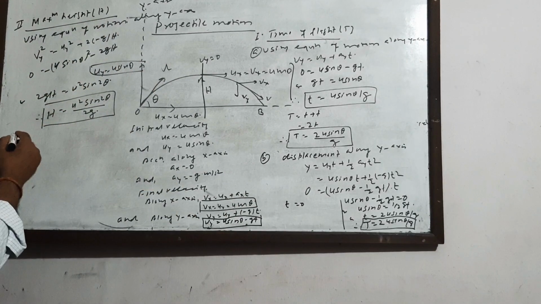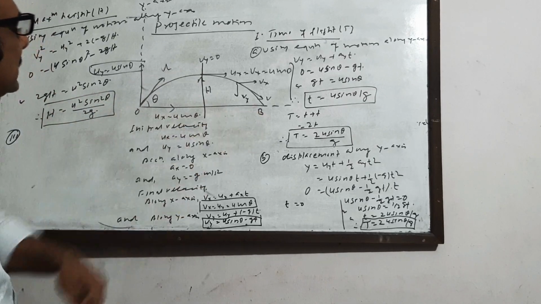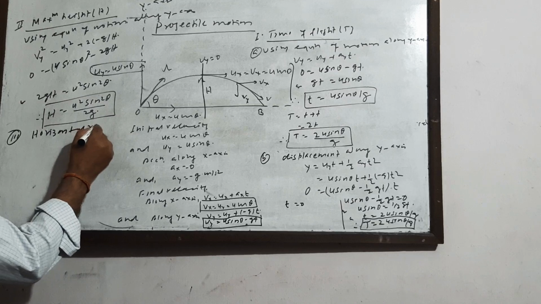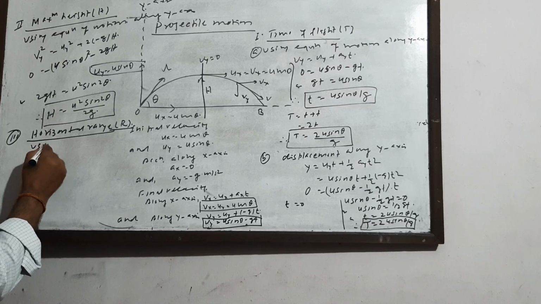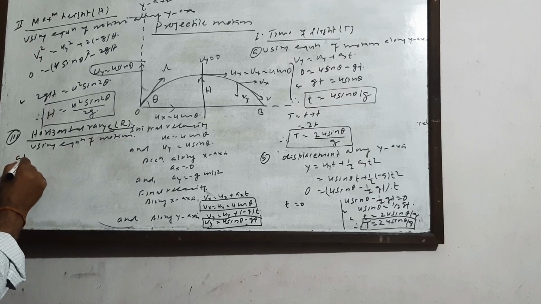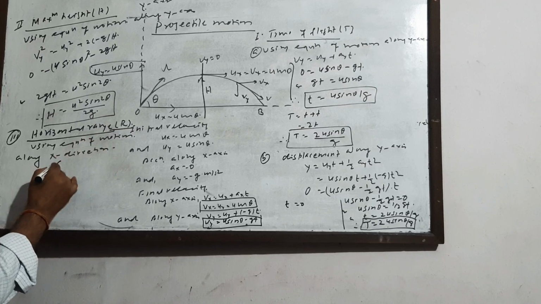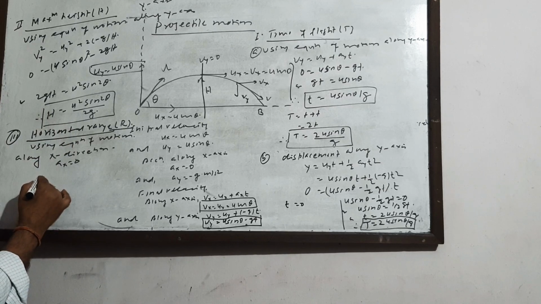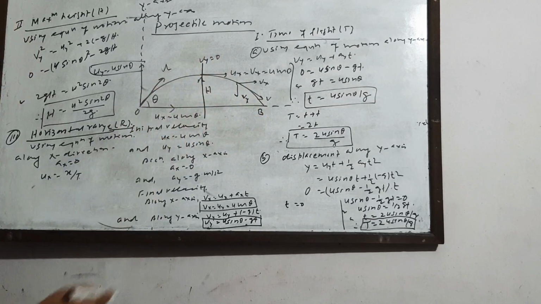Now come to expression number 3. We have the maximum height, the time of flight, and this one, OB, is the horizontal range. The horizontal range is denoted by capital R, using the equation of motion along the x direction, or along the x axis, where acceleration equals 0, and then velocity equals distance by time, meaning the time of flight, the total time taken by the projectile.